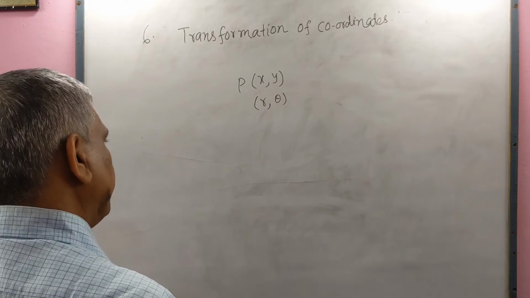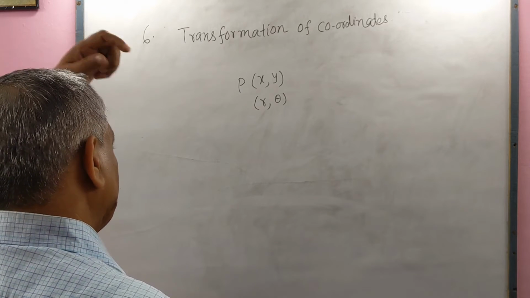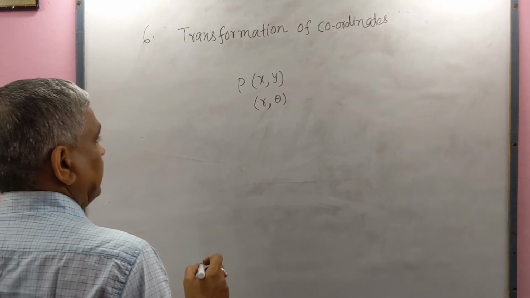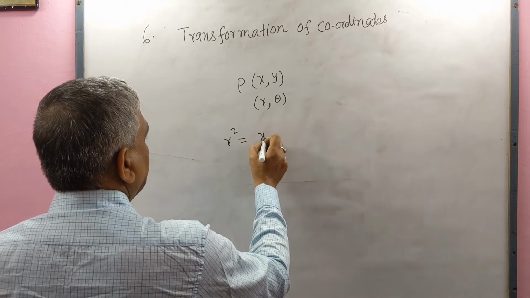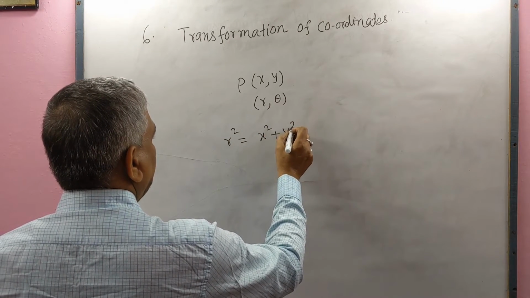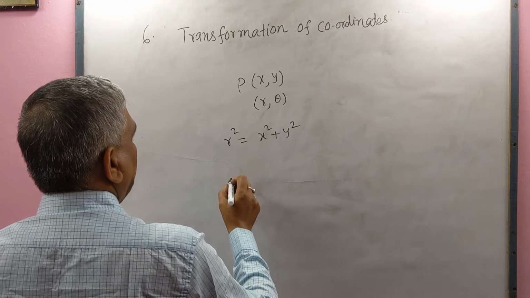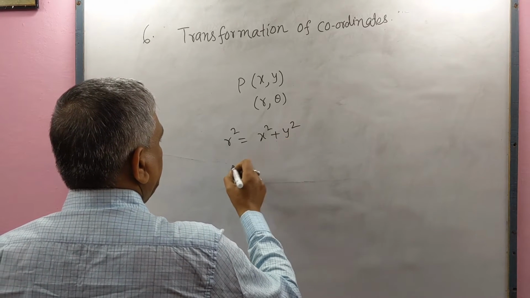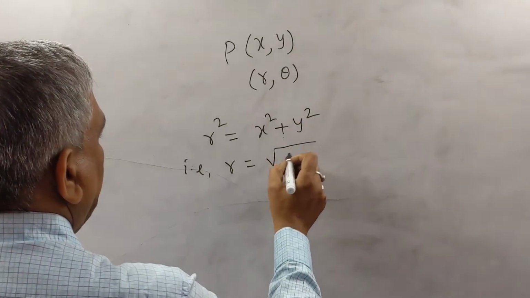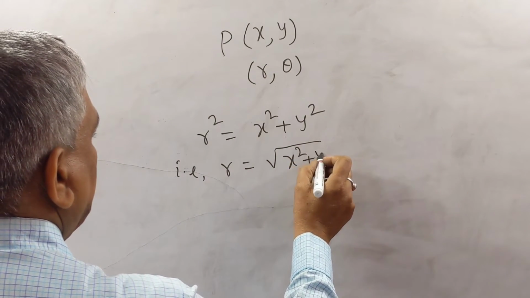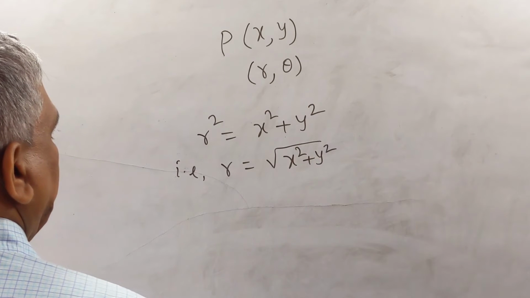The relation between the two systems of coordinates is r square equal to x square plus y square, that is r equal to root over x square plus y square.